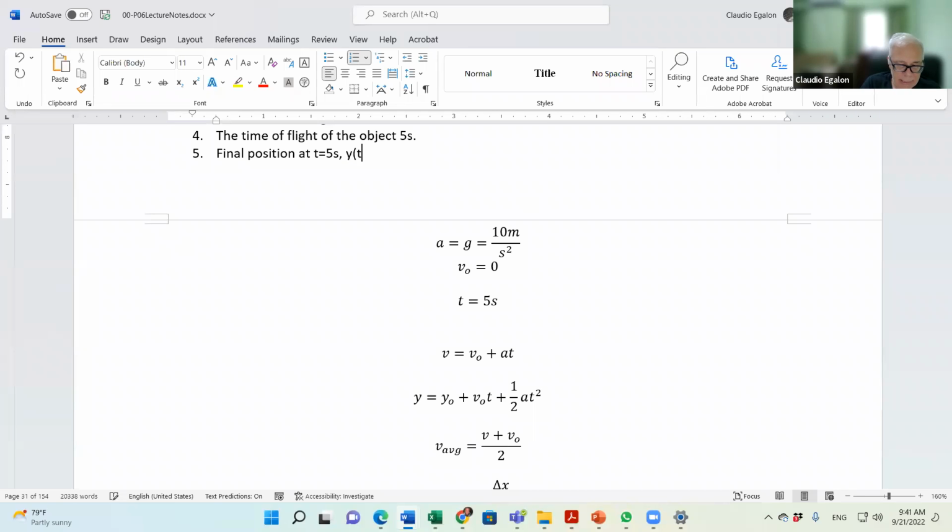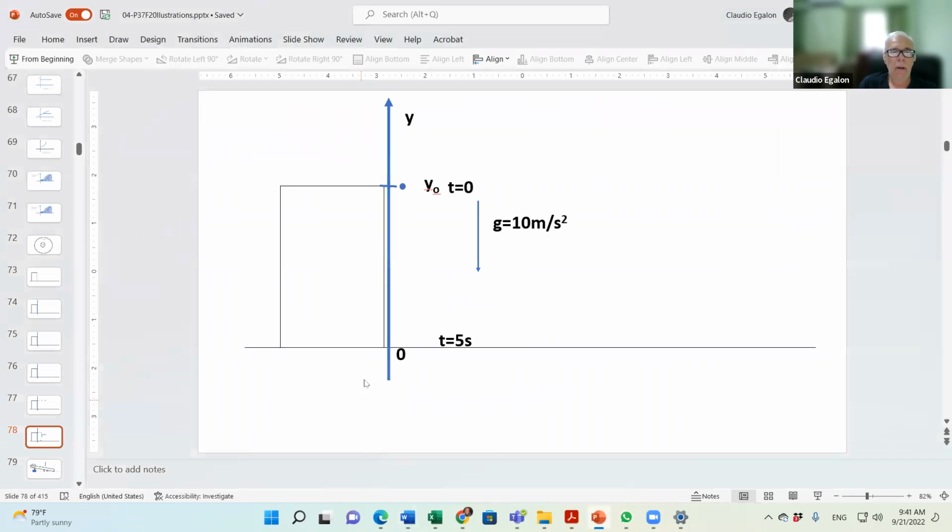It's going to reach the ground. It's about to impact the floor, right? So it's going to be right here. The position of the object at t equal to 5 seconds is going to be 0. Make sense?